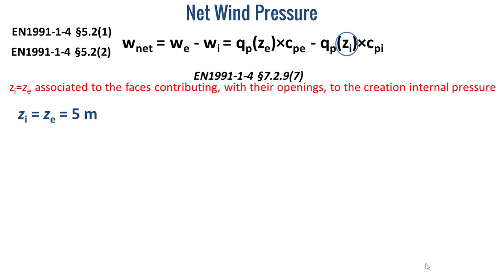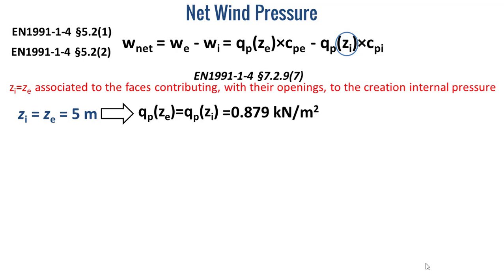And so ZE equal to Zi equal to 5 meters, and in this case, the peak velocity pressure will have the same value at the external and the internal reference height as 0.879 kilonewton per meter square.